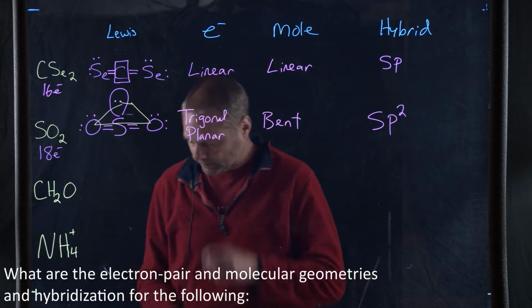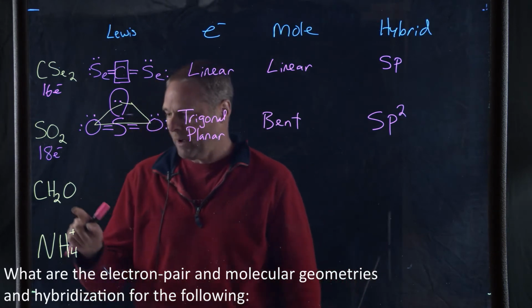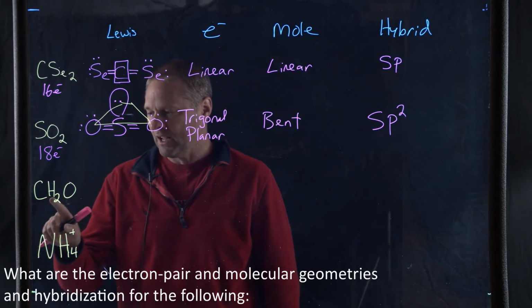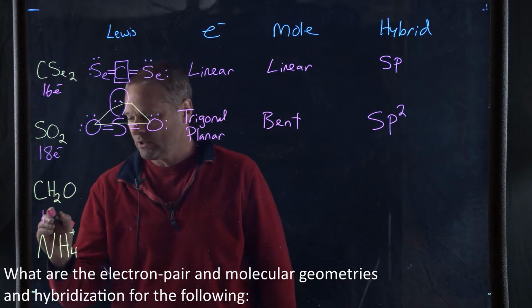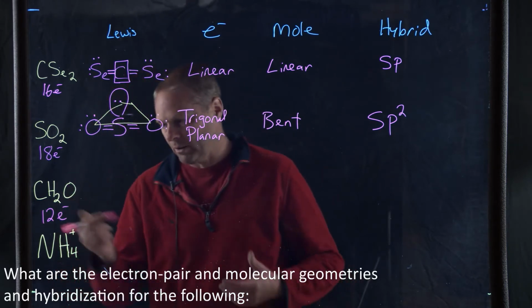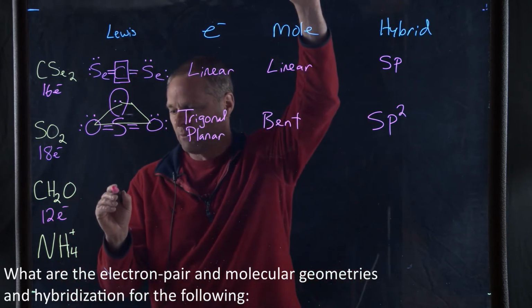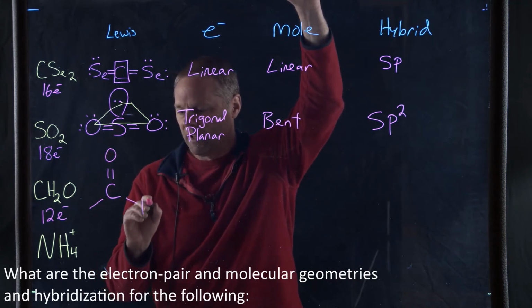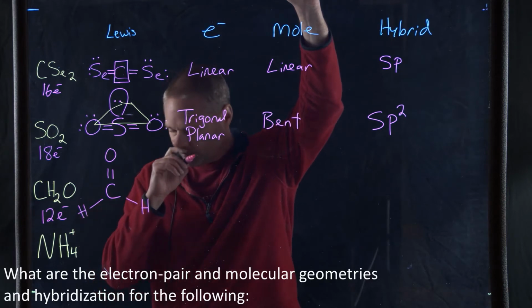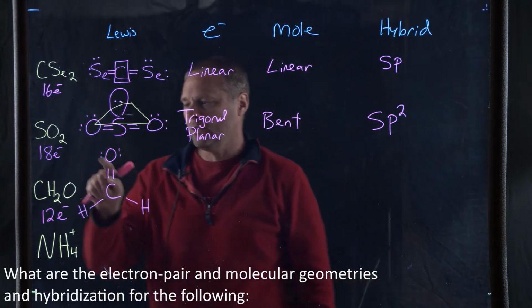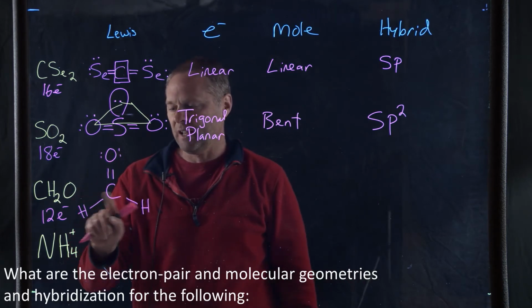So it's going to be an sp2 hybridization occurring. Now for formaldehyde, carbon's going to have 4, oxygen's going to have 6, each hydrogen is going to have 1, so we have 12 electrons we have to account for. This molecule is formaldehyde. The central atom is going to be carbon, and it will be double bonded to an oxygen and then single bonded to each hydrogen. If we count the number of electrons, here we have 2, 4, 6, 8, 10, 12.